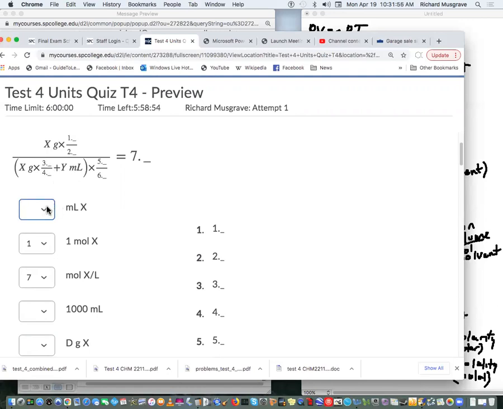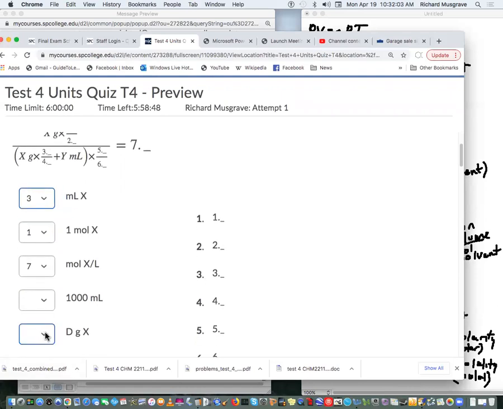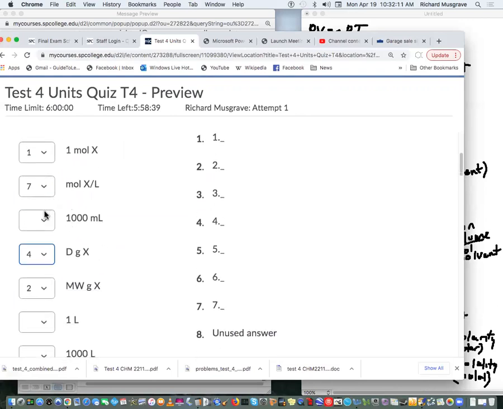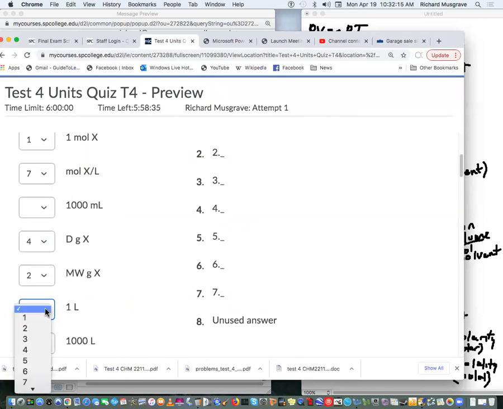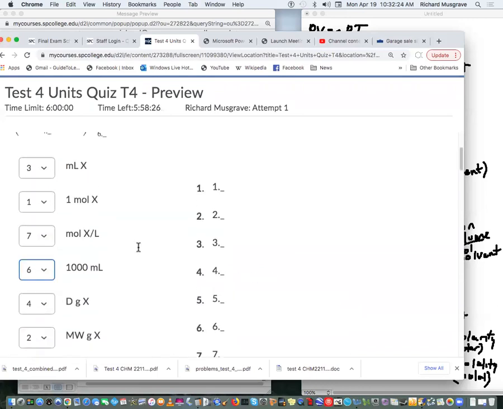That'll be milliliters of X. And that'll be the density, d grams of X, number 4. And then times 1 liter over 1,000 mL. That's 5 and 6. And the 1,000 mL is unused, so you put an 8 next to that. There you go.